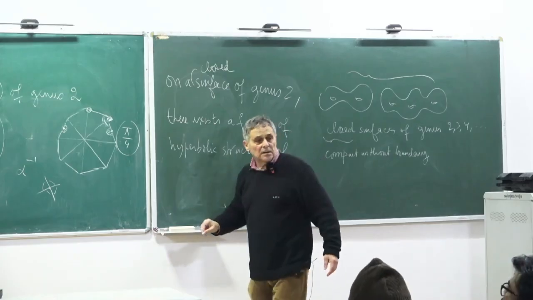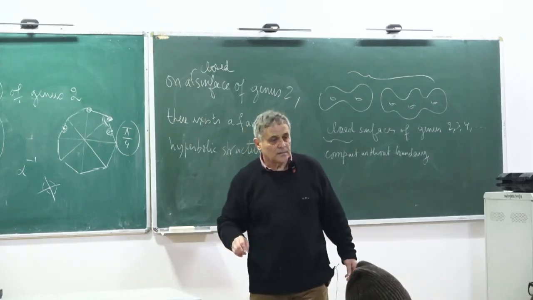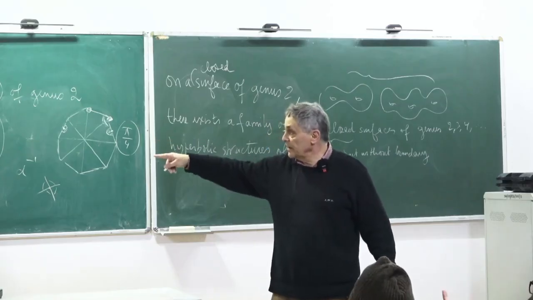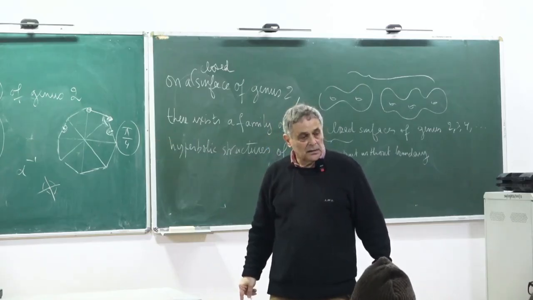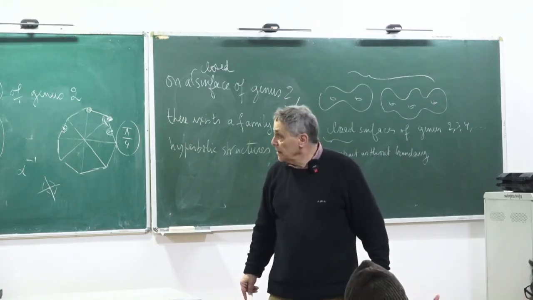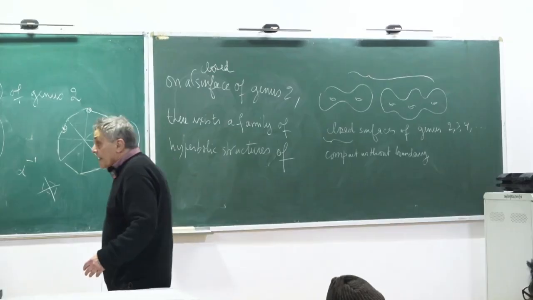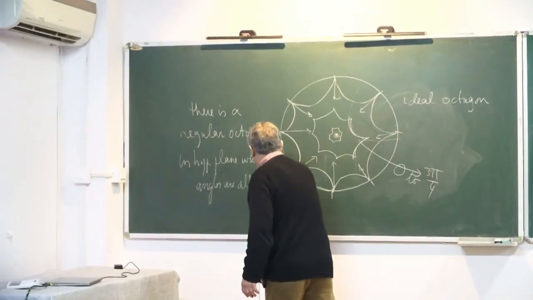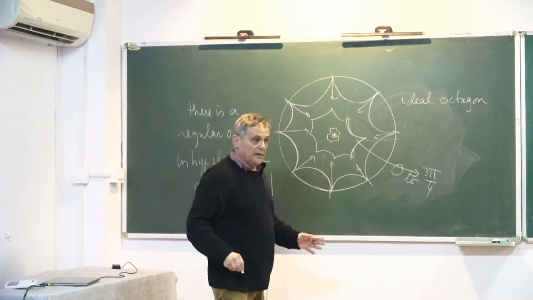When you say length, you mean? No, hyperbolic length. All this is hyperbolic length. So it's dependent on the angle, right? Yes, you are right, the angles must add to 4 pi.